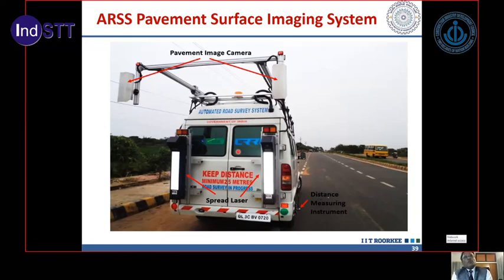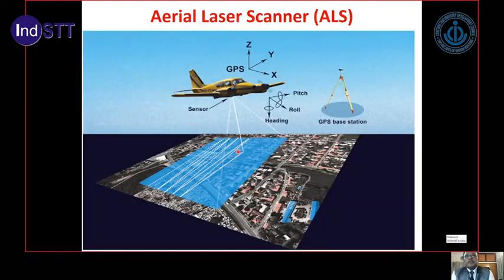Now you can also mount this laser scanning system on an aerial platform. It could be a low-lying aircraft, or it could be a drone system. Here it is the aircraft, and the scanner is looking downward, and as the aircraft is moving forward, it scans the entire Earth's surface.